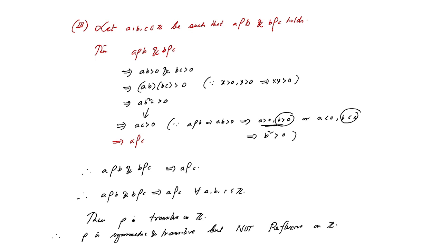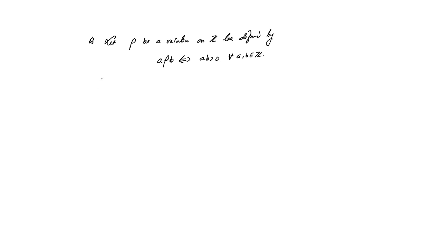So this question you may have been asked as an MCQ type question. Let rho be a relation on Z defined by A is related to B if and only if AB greater than 0 for all A, B belongs to Z. Then which of the following are true?